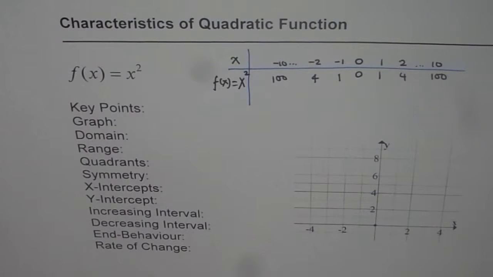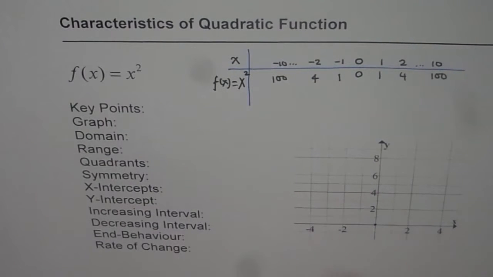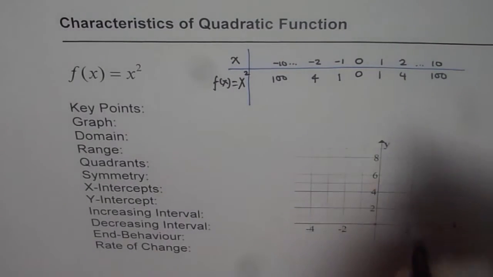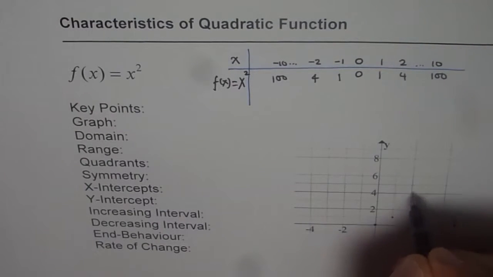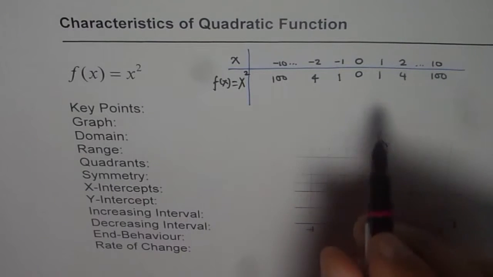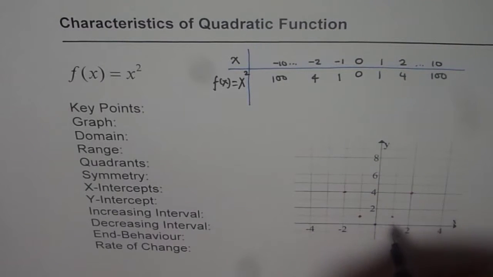Now let's plot these values and see how the graph looks. We know it's a parabola. 0, 0 is the first point. 1, 1 is the second point. 2, 4, so at 2 we have value 4. Similarly on the left side we have minus 1, 1, minus 2, 4. If you continue this, you can make your parabola.